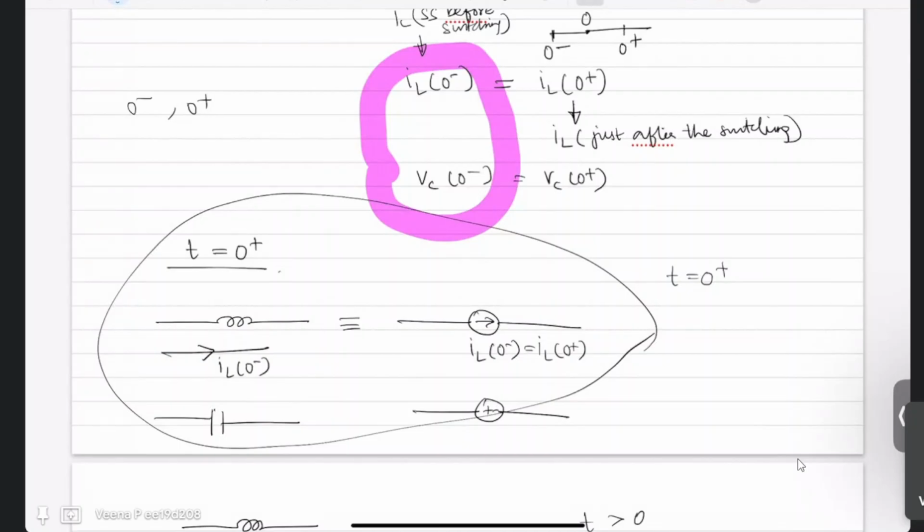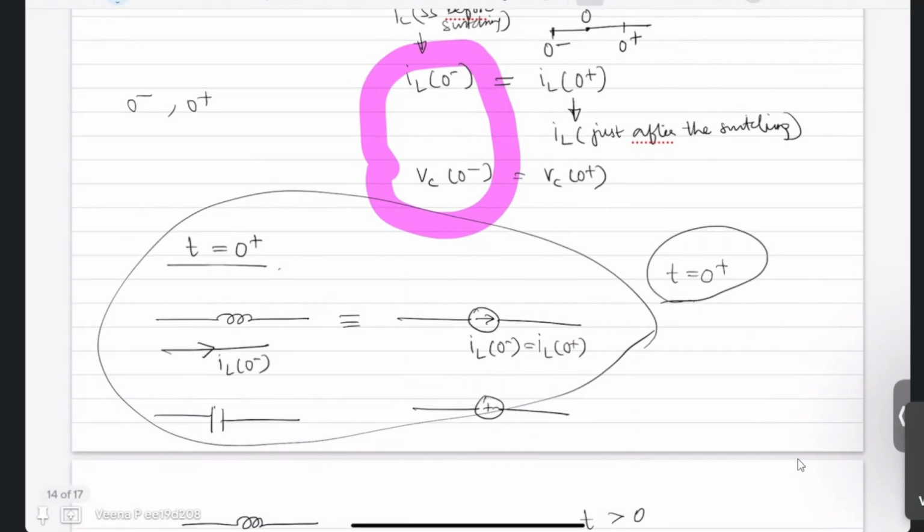Those values will hold true at t equal to 0 plus second. Now when t greater than 0, you have to draw it as it is. In this case, you will utilize your Laplace transformation to solve the circuit. You will draw the S domain equivalent circuit and you will write the S domain equation. You will find the inverse Laplace transform or you will get the generalized equation of your circuit.